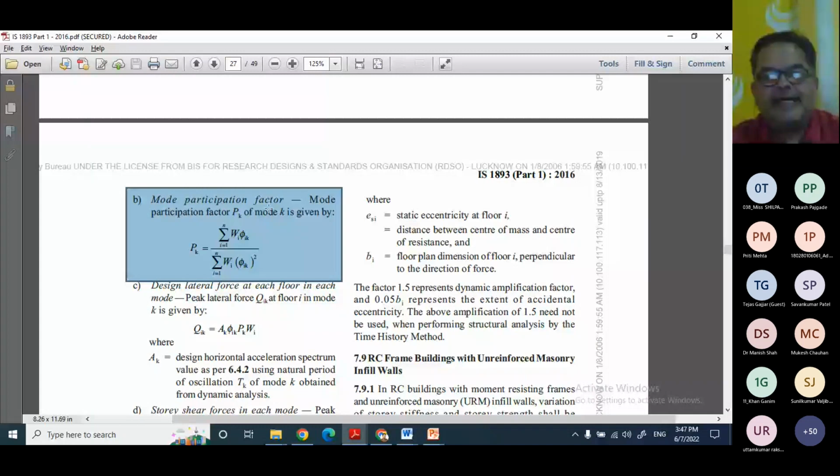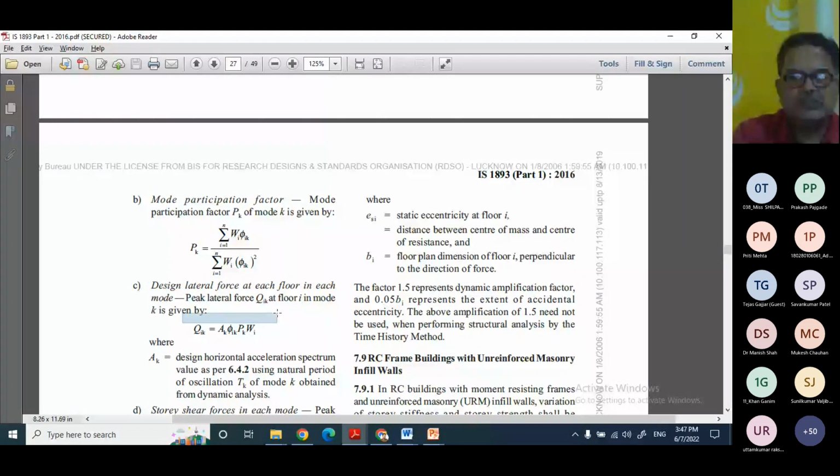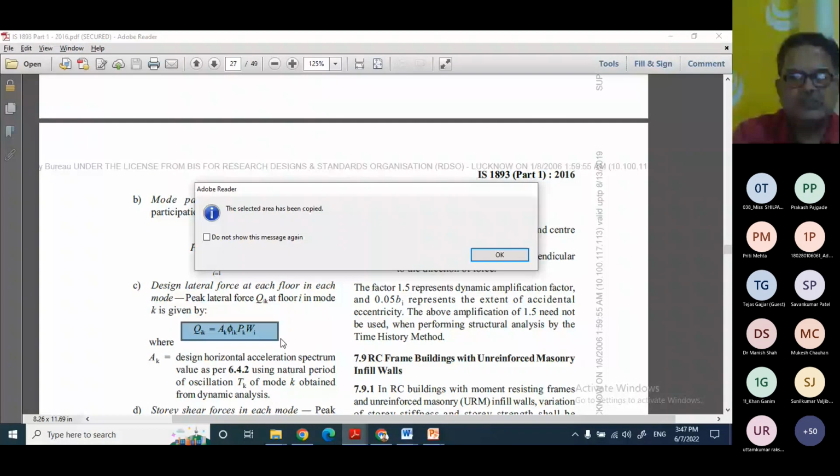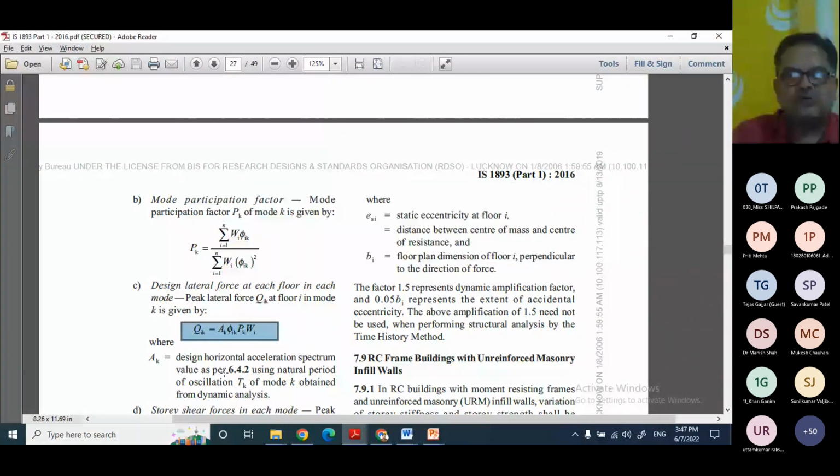Again, you must know the mode shape. If you know the mode shape, then again this is a simple calculation. Up to the mode shape, the dynamics is involved, and later on this is the process you have to follow, right? In the same way you have to calculate the design lateral force.